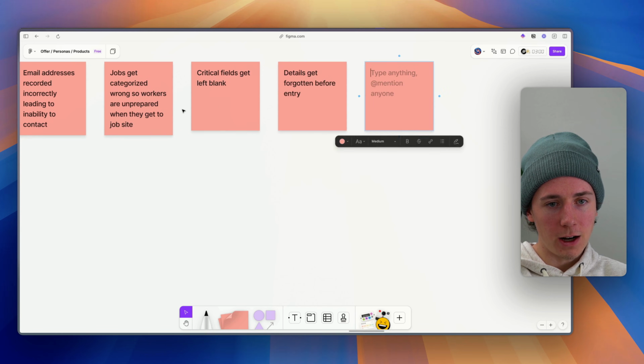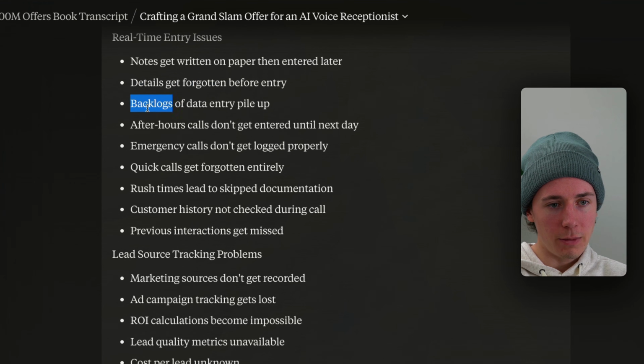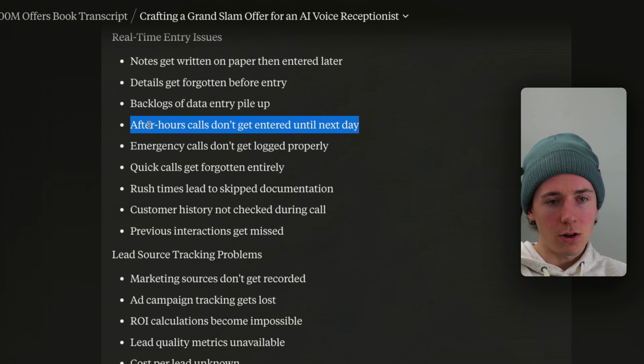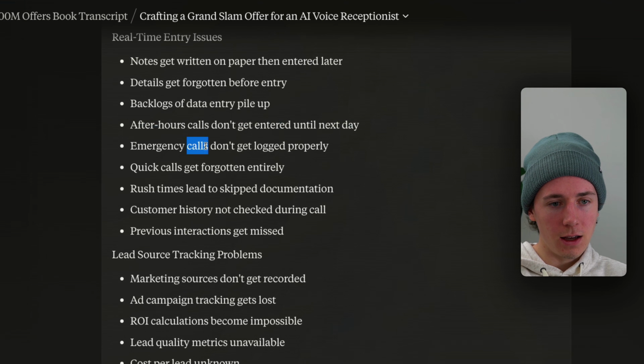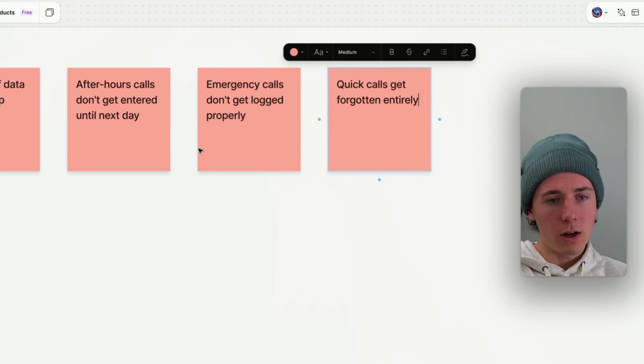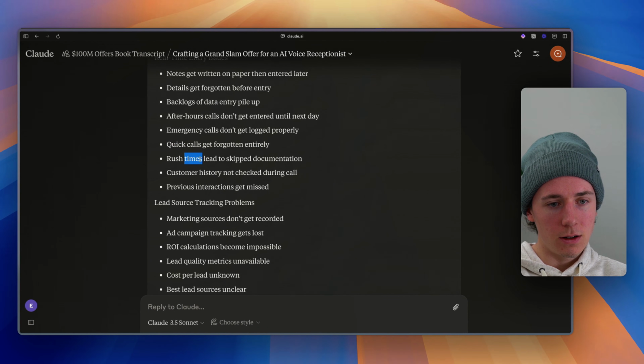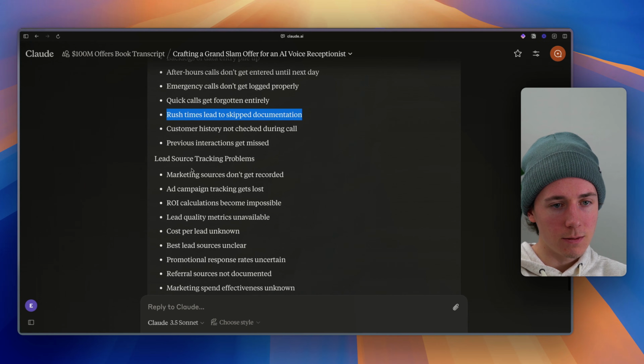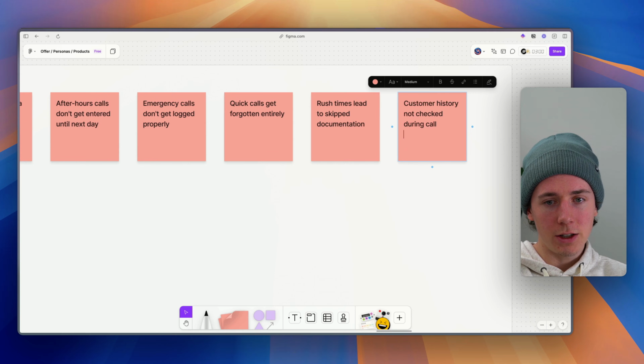Details get forgotten before entry. Backlogs of data entry pile up. After hours calls don't get entered until the next day. Emergency calls don't get logged properly. Quick calls forgotten entirely. Rush time leads to forgotten documentation. Customer history not checked during call.